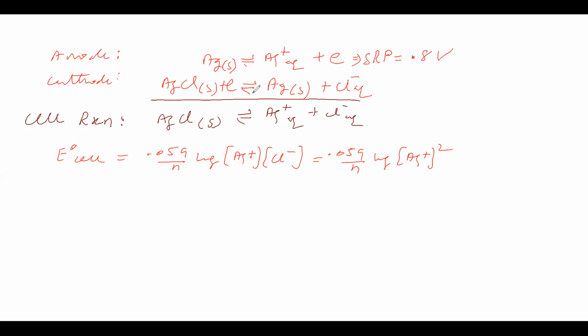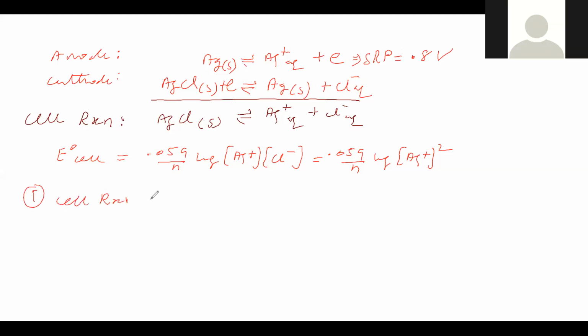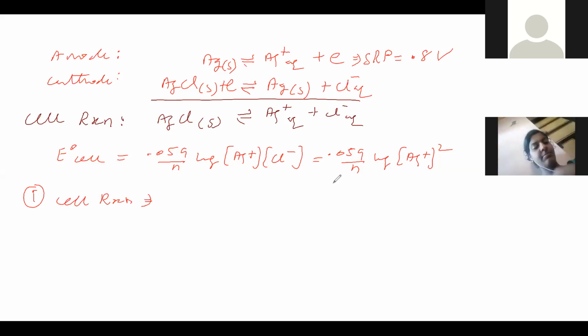Okay. Then what to do? We have to find this SRP. How to find the SRP for this? For which, the cell reaction in the first subdivision we will take.